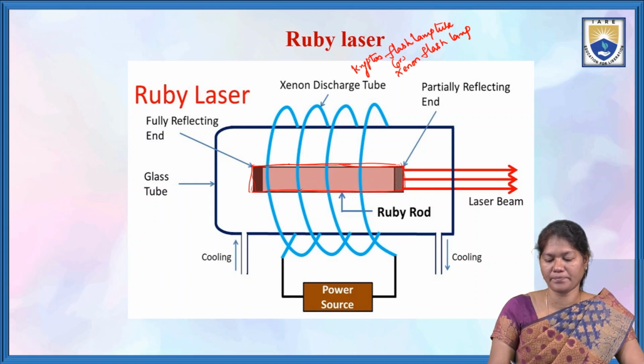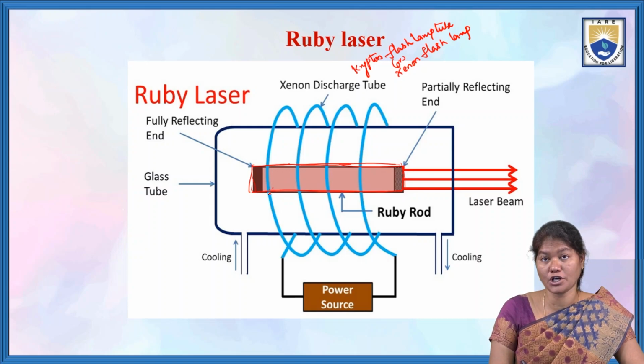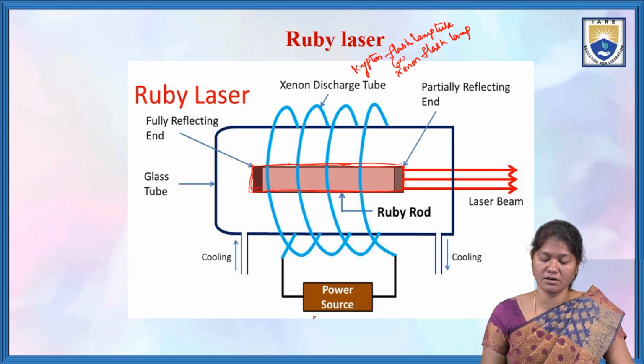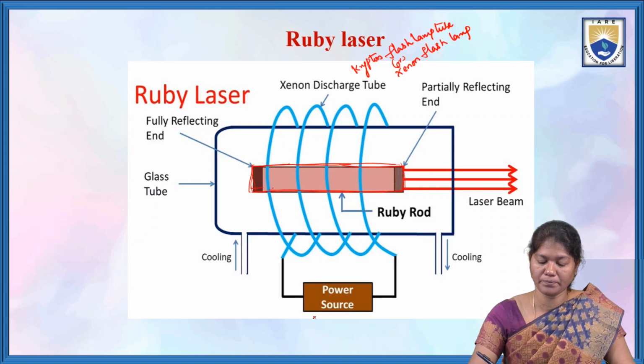In this rod, this rod is made up of aluminum oxide and then chromium oxide ions. So here some of the aluminum ions are replaced with the chromium ions.